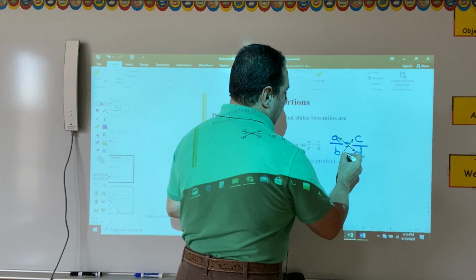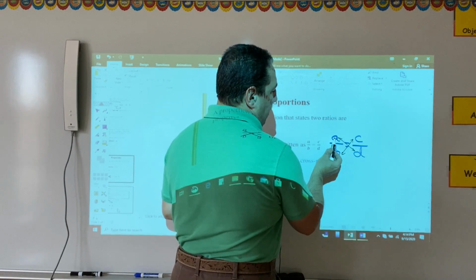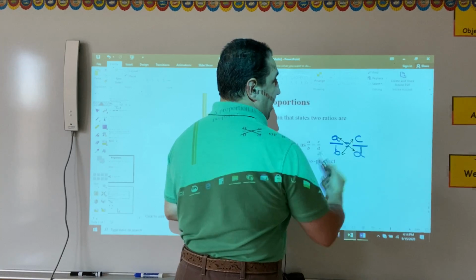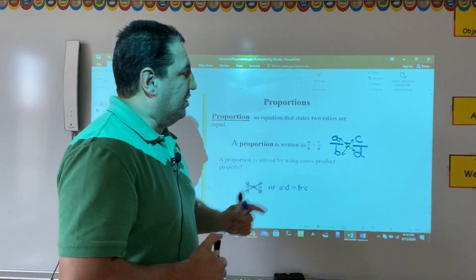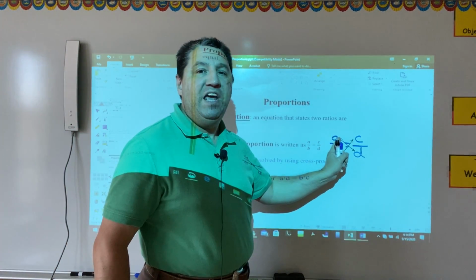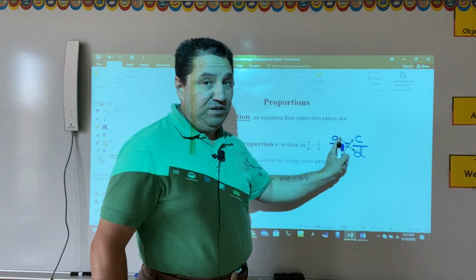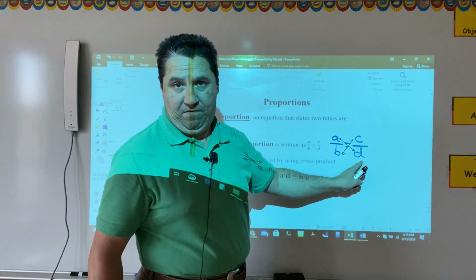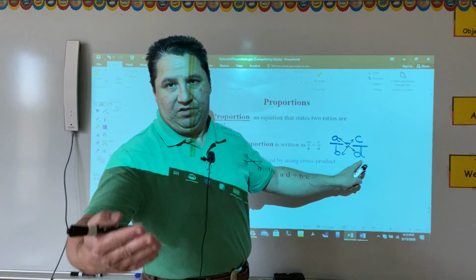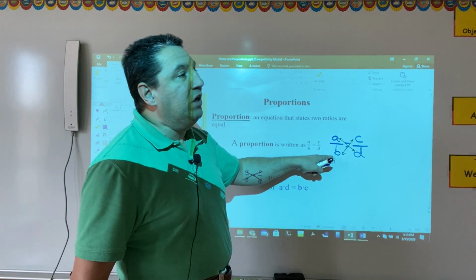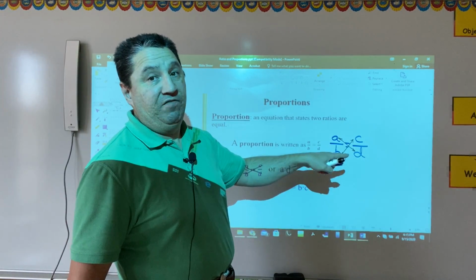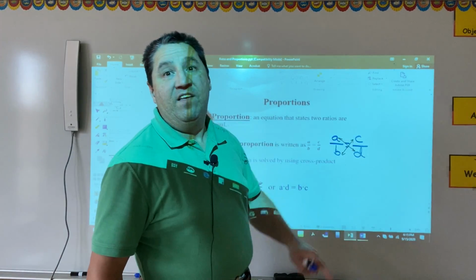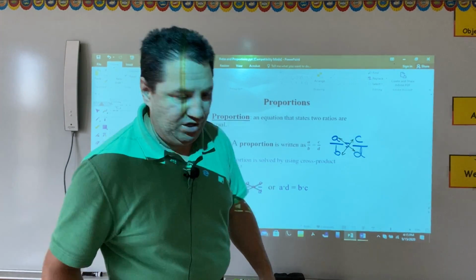In other words, we multiply A by D and B by C. That is, we multiply the numerator of the first fraction by the denominator of the second ratio, and then we multiply the denominator of the first ratio by the numerator of the second ratio.